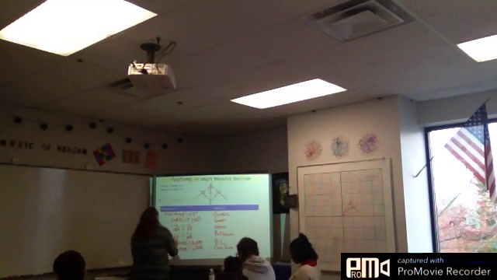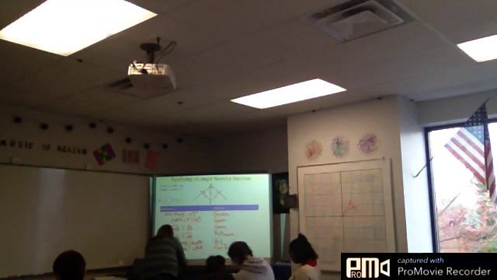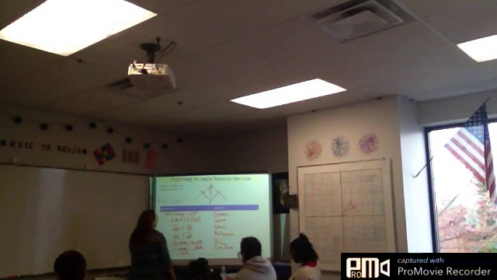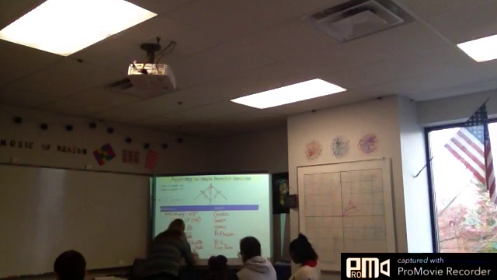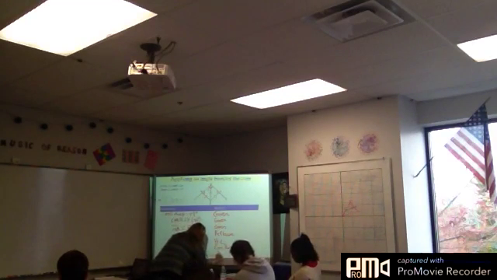Then that means that angle PNR equals what? Equals 47 degrees. That is substitution.